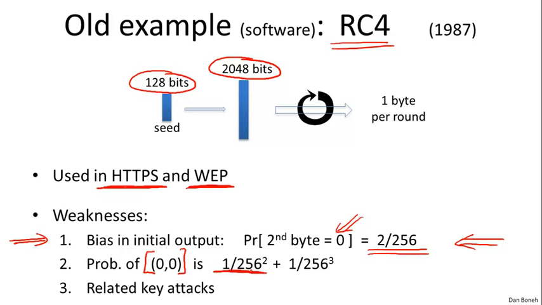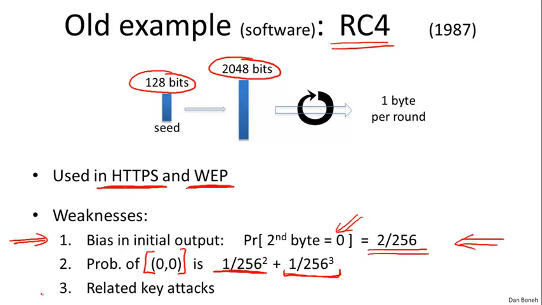It turns out RC4 is a little biased, and the bias is 1 over 256 cubed. This bias actually starts after several gigabytes of data are produced by RC4, but nevertheless this is something that can be used to predict the generator, and definitely it can be used to distinguish the output of the generator from a truly random sequence. Basically, the fact that 00, 0 appears more often than it should gives a distinguisher.